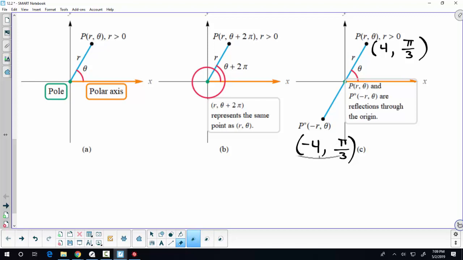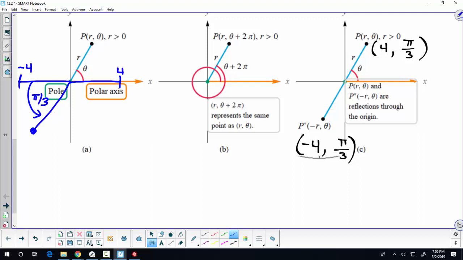So if we think about going out in the positive x direction as a positive r, we could say that this is radius 4. Or we could go out this way and say that that's negative 4. Positive thetas, we go counterclockwise. Negative thetas, we go clockwise. So if we go out negative 4 units this way and then rotate pi over 3 units, we're down here, which is still pi over 3 from negative 4.